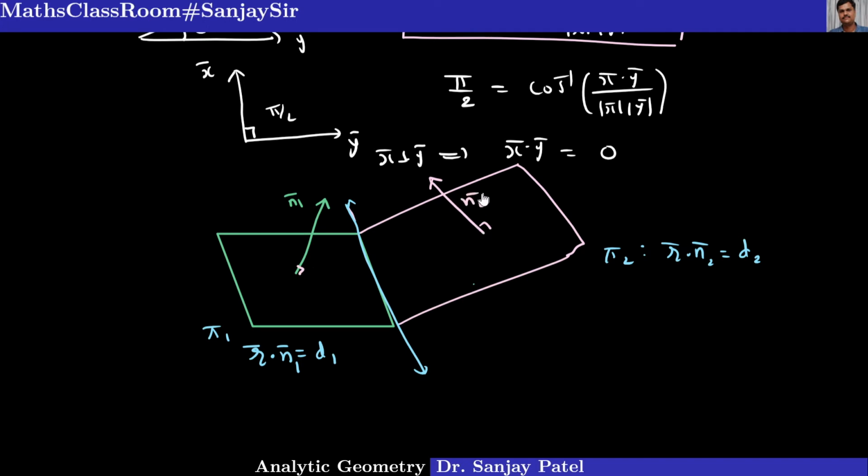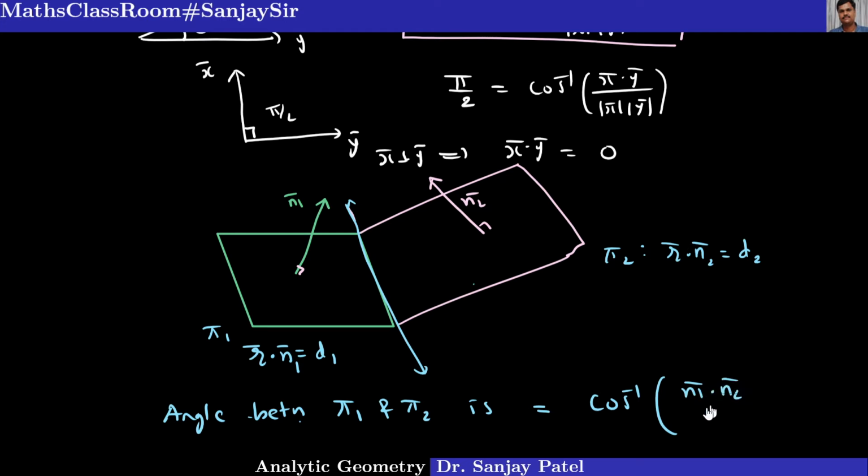The angle between these two vectors, n1 bar and n2 bar, is called the angle between the two planes. So the angle between the two planes pi 1 and pi 2 is given by cos inverse of n1 bar dot n2 bar upon mod of n1 bar into mod of n2 bar.